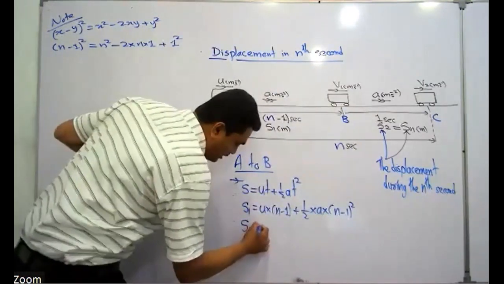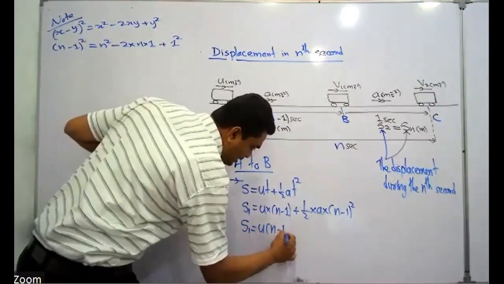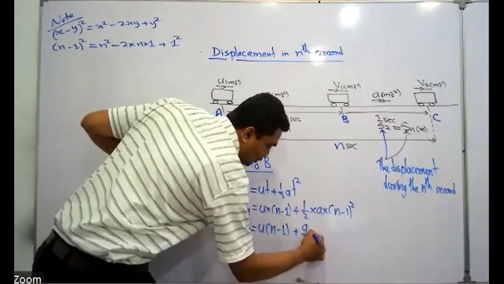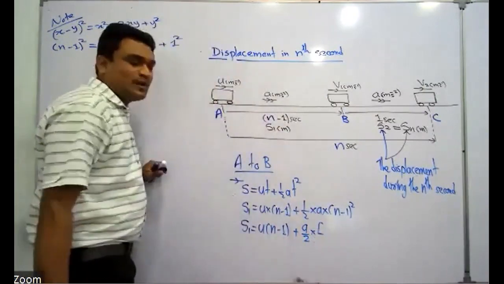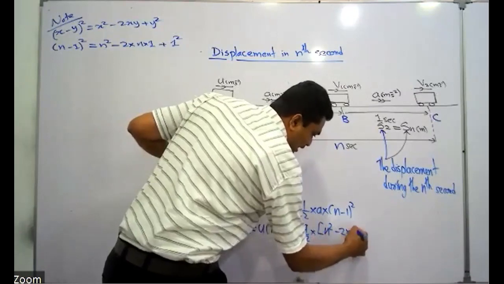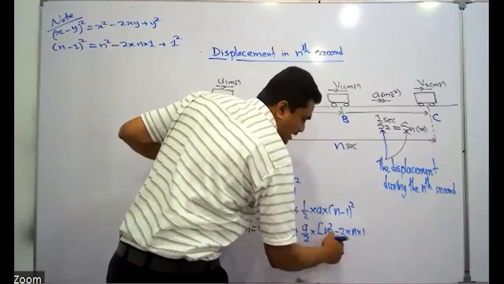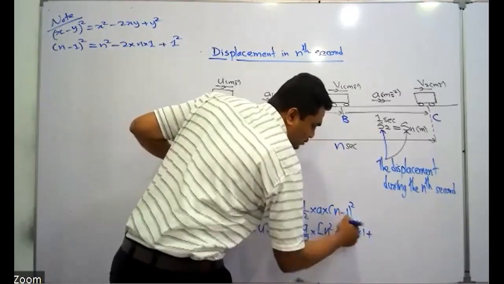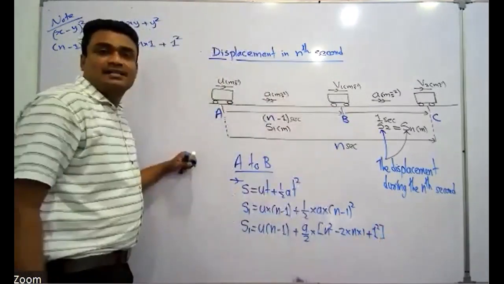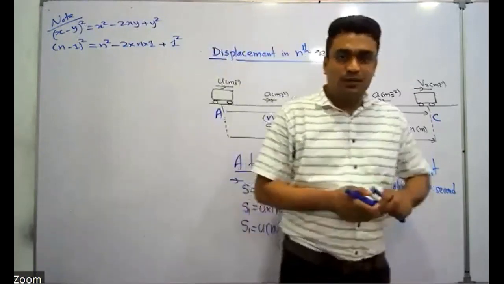So S1 equals u into (n minus 1) plus a over 2 into (n minus 1) squared, which is n squared minus 2n plus 1. Can you remove the brackets and simplify this? Remove the brackets.